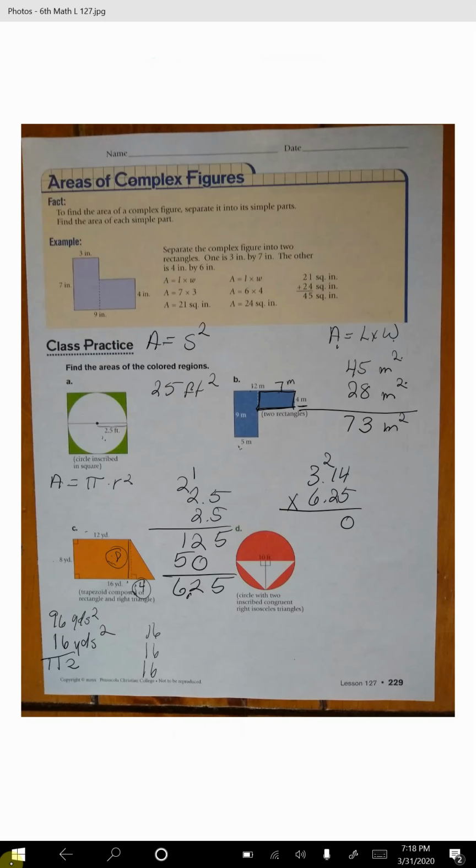4 times 5, 20, 7, 15, 8, 2, 6, and 24, 8. Isn't it great? I can just erase all this so easy.